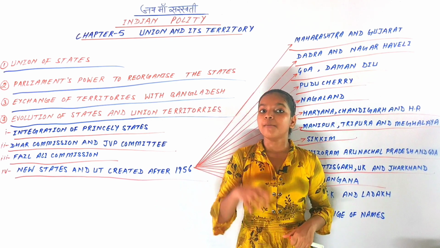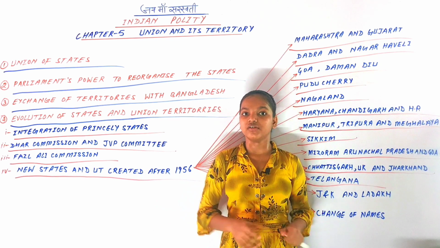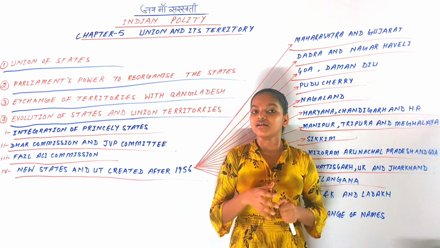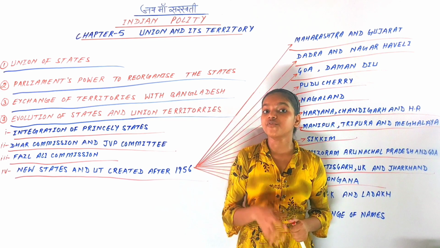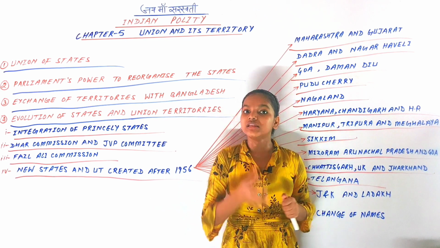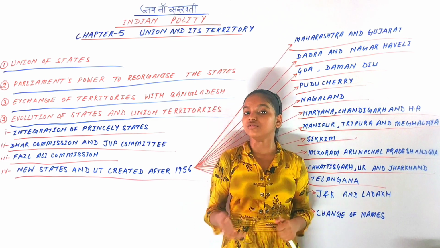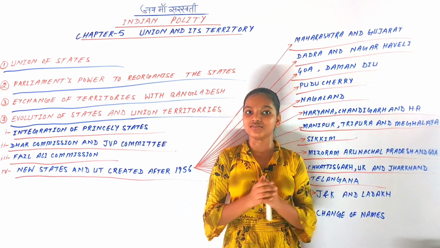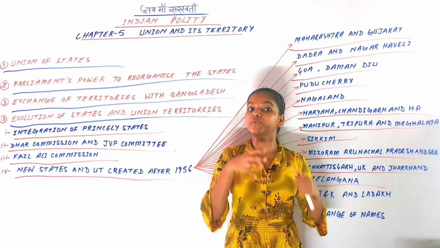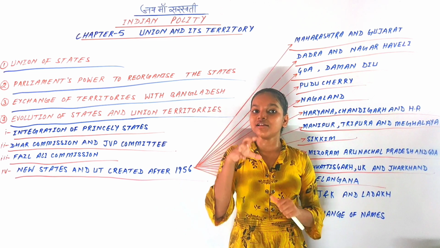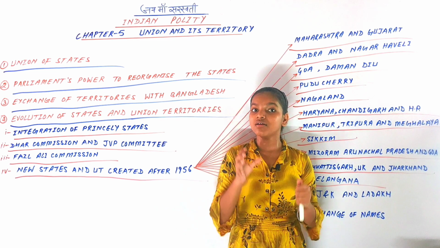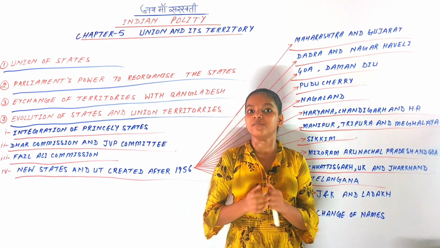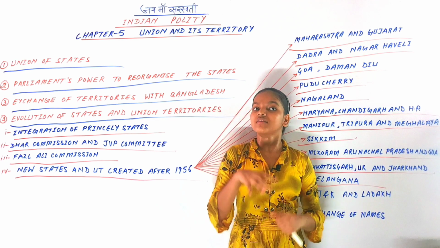And you have to remember this: by the Reorganization Act of 1953, the Andhra state was created by separating the Telugu speaking areas from the Madras state. During that time, the capital was Guntur. After the Reorganization Act of 1956, the Andhra state became Andhra Pradesh because the Telugu speaking areas of Hyderabad were also joined into that state, and its capital was Hyderabad.